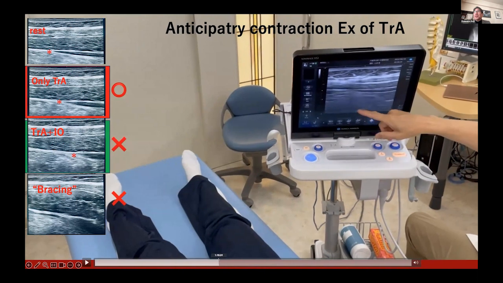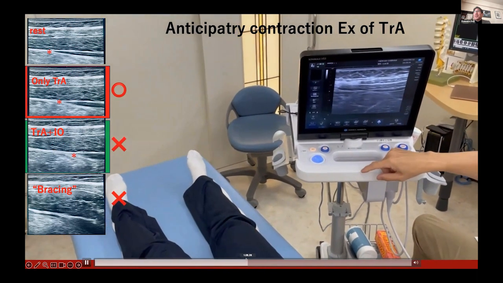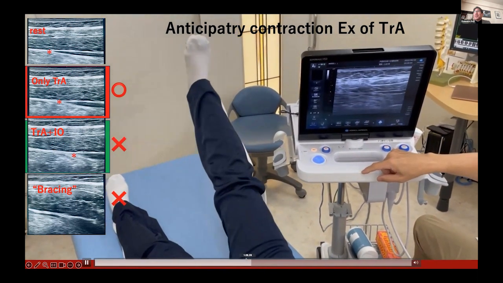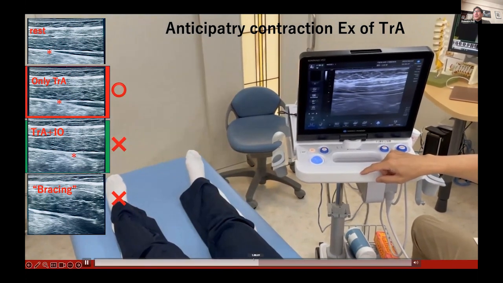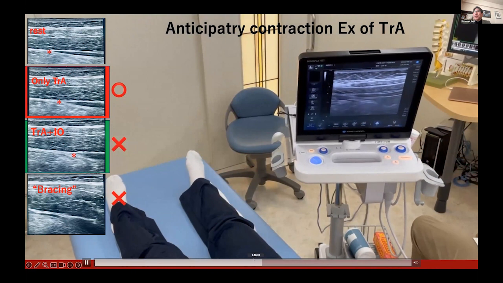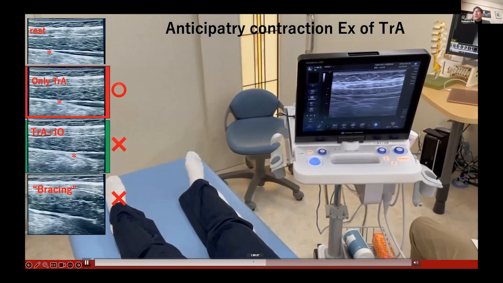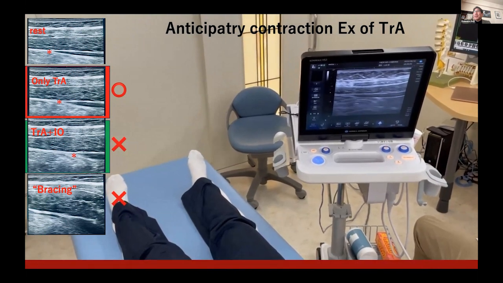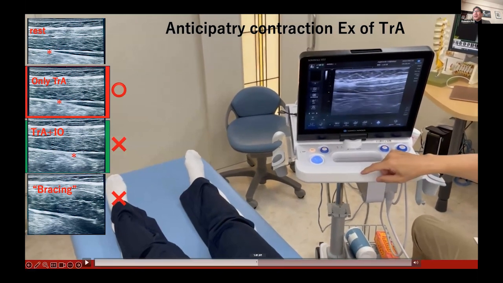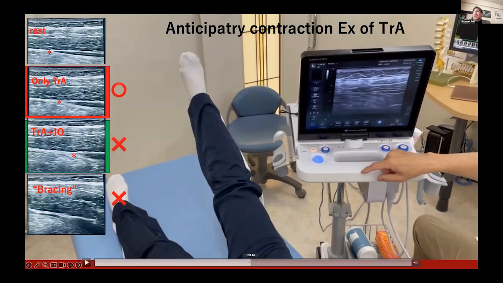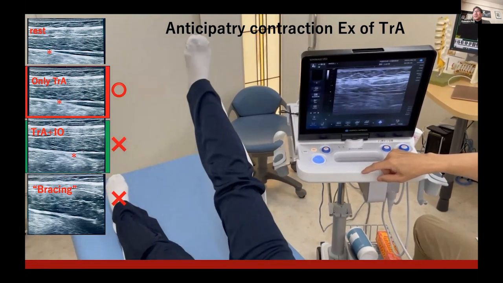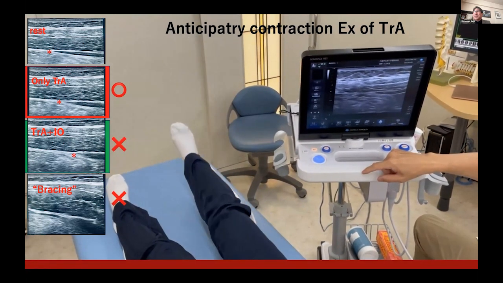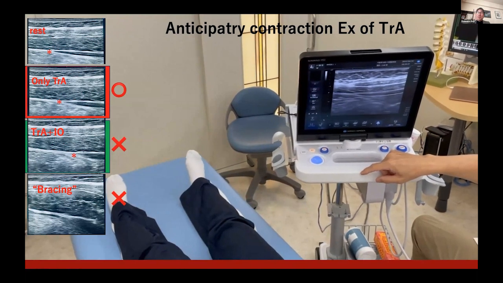It's not a good manner, but she's saying that her leg became lighter and there is no pain. Again, only a slight contraction of TRA. During 1 second, she's moving her leg.